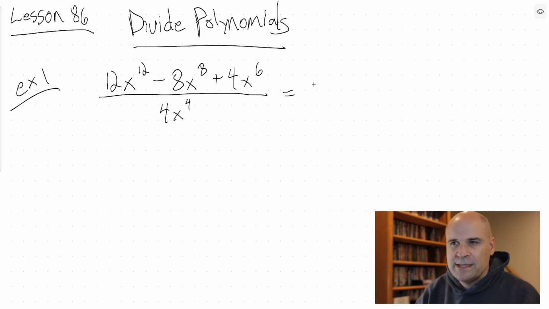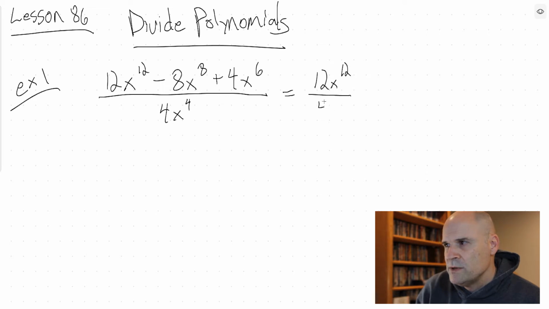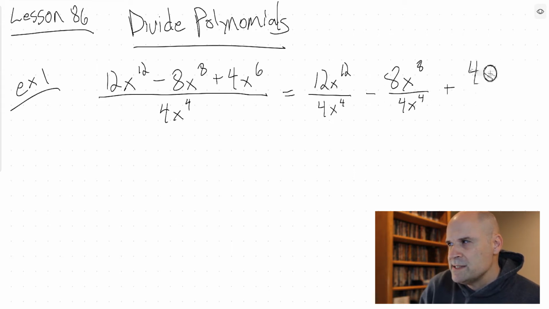So if I separated this into three separate division problems, it would just look like this. 12x to the 12th over 4x to the fourth minus 8x to the 8th over 4x to the fourth plus 4x to the 6th over 4x to the fourth. Well, this isn't bad.